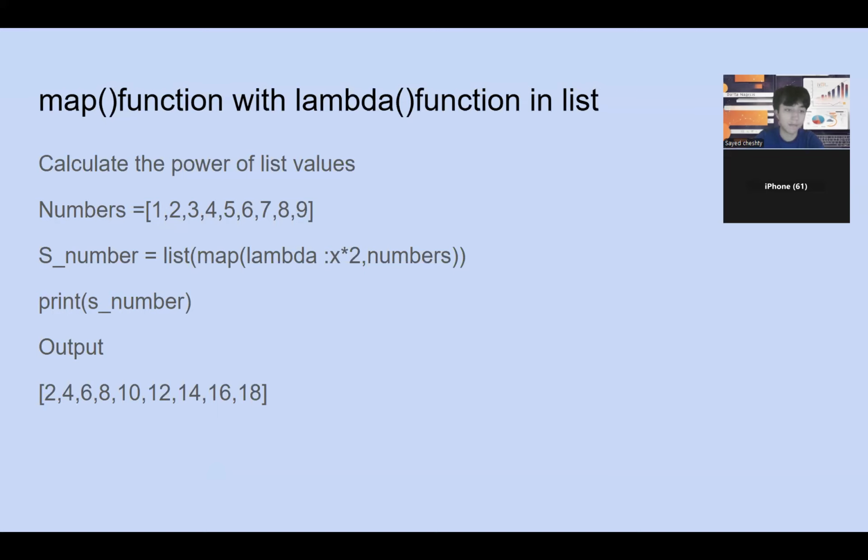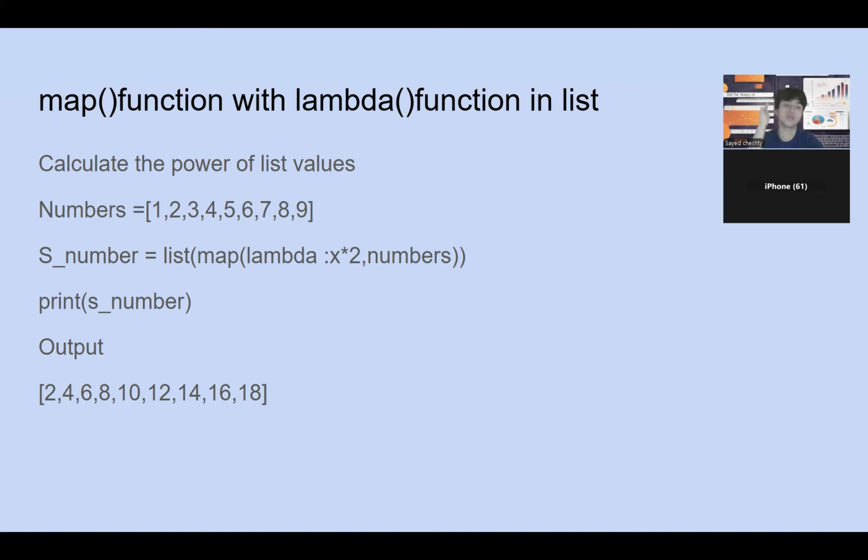Then s_number equals list(map(lambda x: x times 2, numbers)).